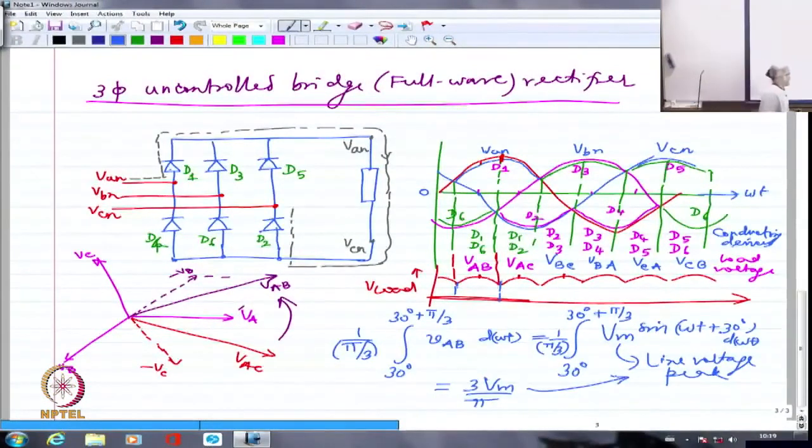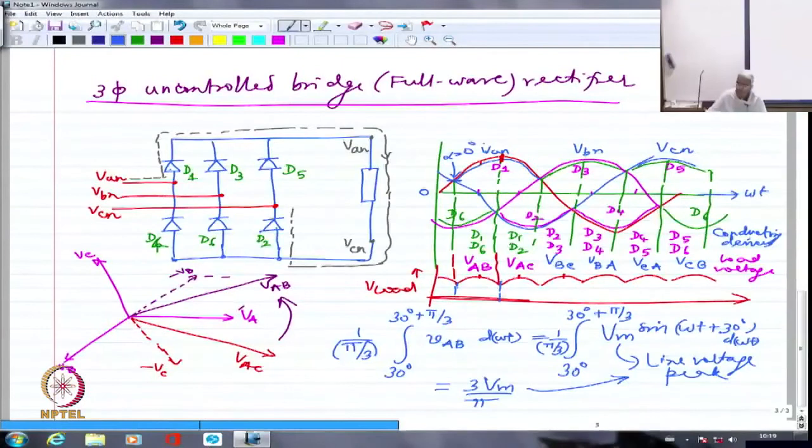So, if I have all of them as diodes, again, this is my alpha equal to 0 point. Later on when I put the controlled rectifier, I will always take this as alpha equal to 0 degree point because that is where my D1 is taking over naturally.